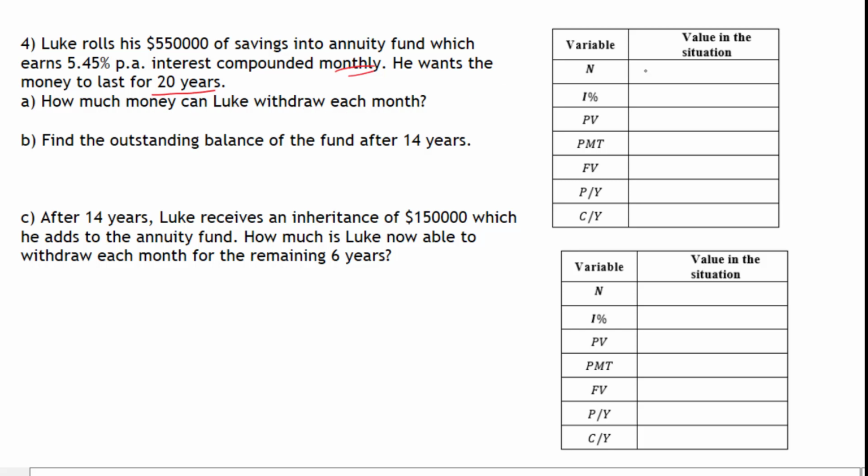So for this, capital N will be 20 times 12. This 2 is 12. Interest rate is 5.45. Present value is negative $550,000. PMT is something we are looking for. Future value is 0.